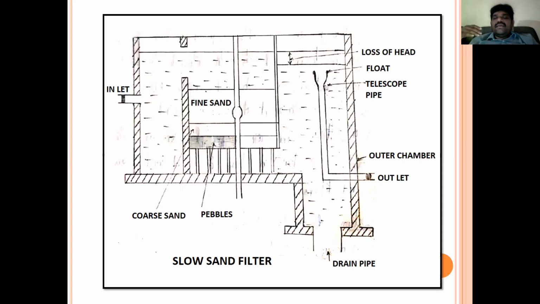Or else, after removing the top 2 to 3 centimeters, we may fill it up with brand new sand. Either we can use washed sand or brand new sand on top to continue the process.